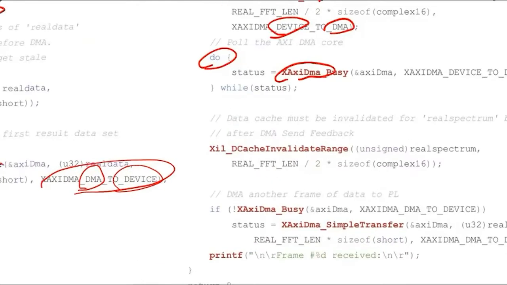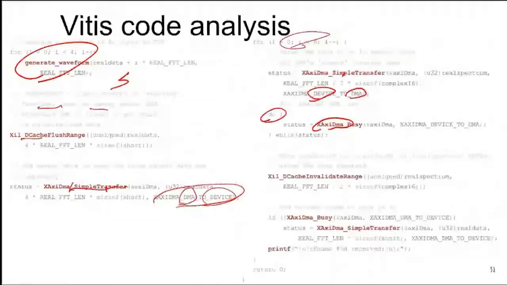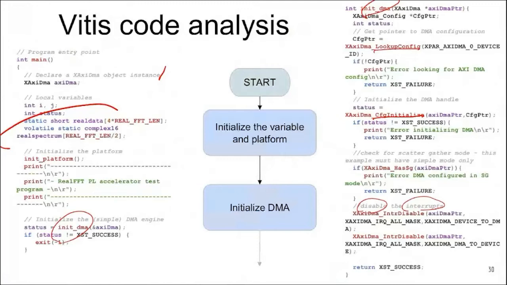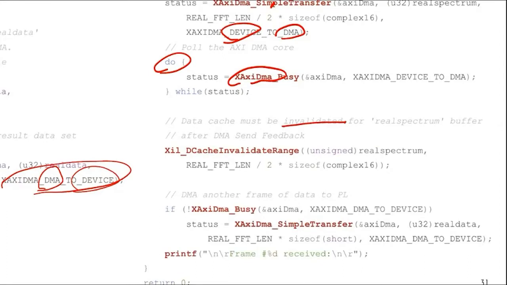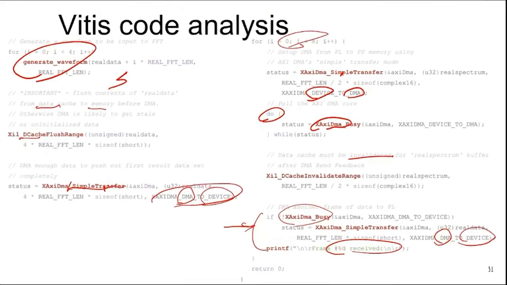And because all the spectrum data is saved in the local variable, which is cacheable, we should invalidate the data cache to get the correct result when we evaluate the data in this loop. So if the DMA IP is not busy, we can send the next input to the IP from DMA to device, and then we just print some messages for validation. Thanks for listening.